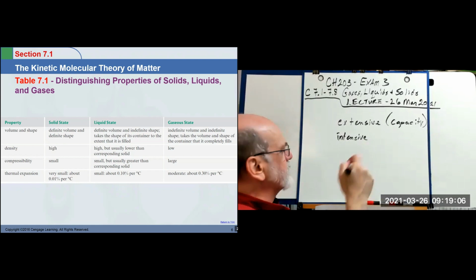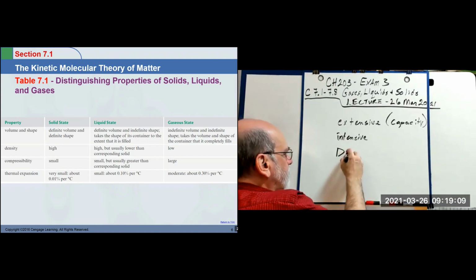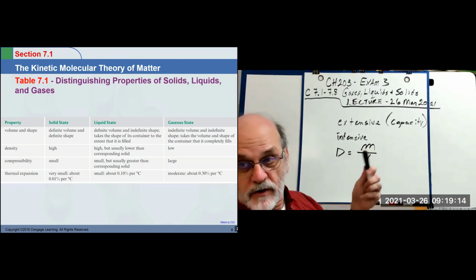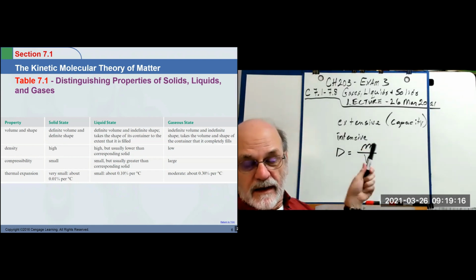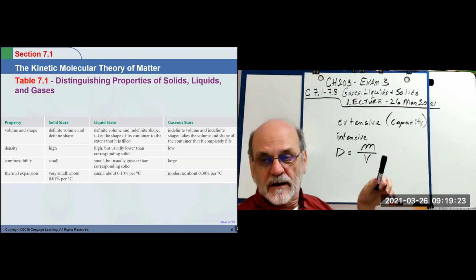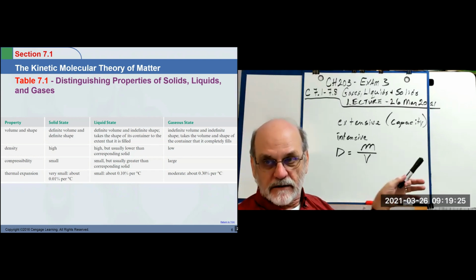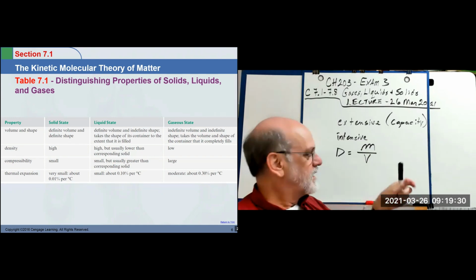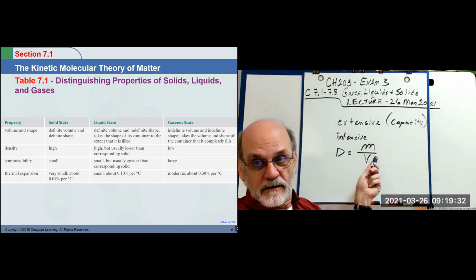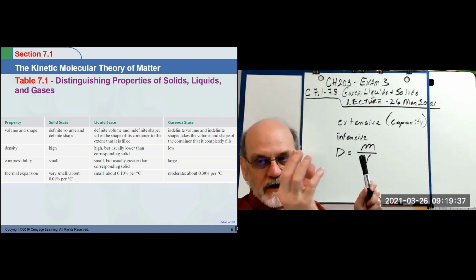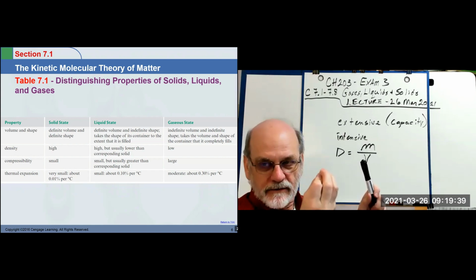If you look at the definition of density, mass per unit volume, if you pack more mass into the same volume, say we're comparing a gas, liquid, solid, and we've got a definite volume, say 1 liter. If you fill up that liter with a solid, you're going to have more mass in it because the molecules, the atoms are closer together.